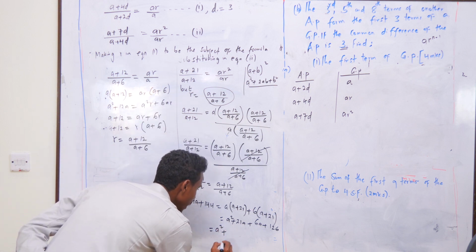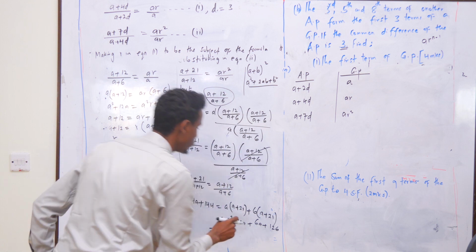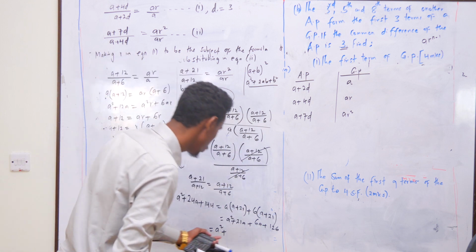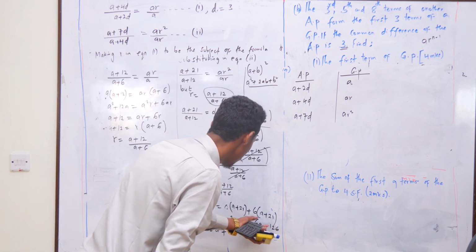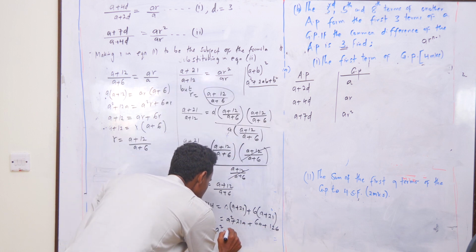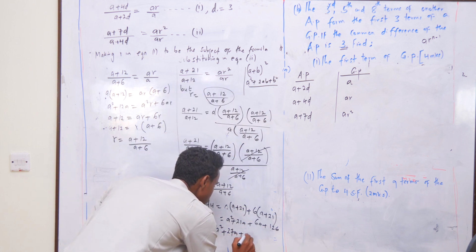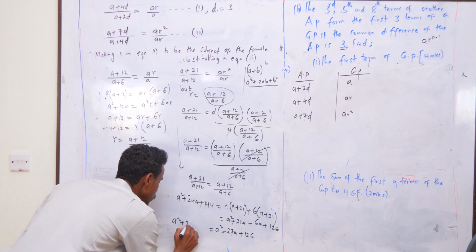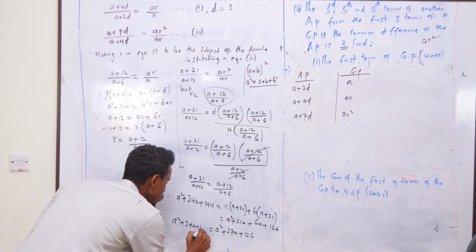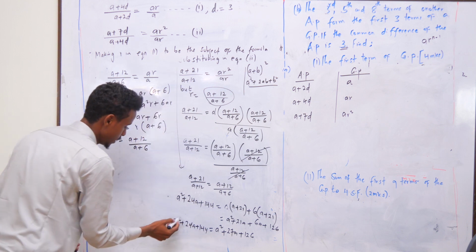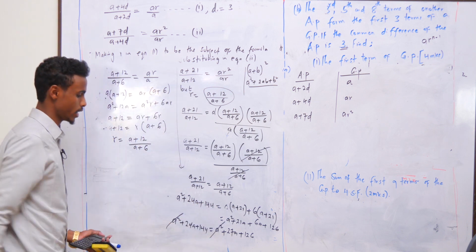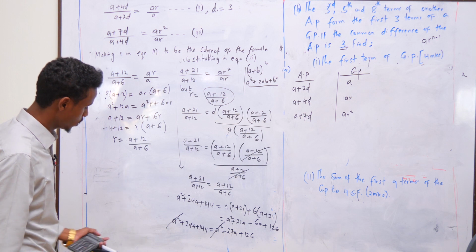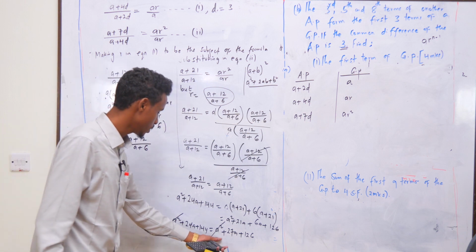A squared plus 21a plus 6a plus 126. 21a plus 6a is 27a. So 27a plus 126 is equal to a squared plus 24a plus 144. That means this a squared is going to cancel with that a squared. Very simple.